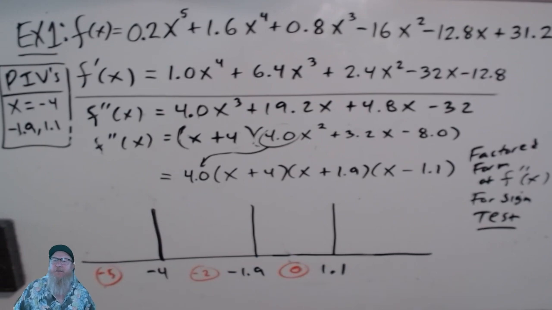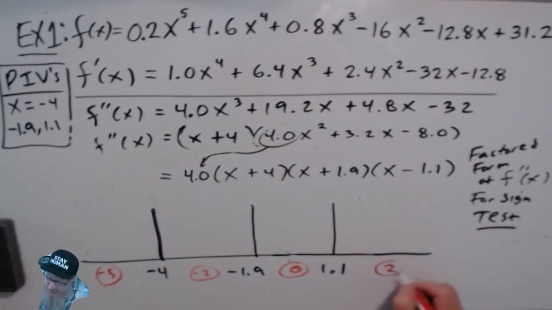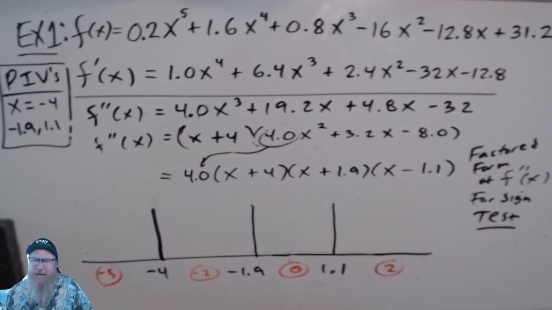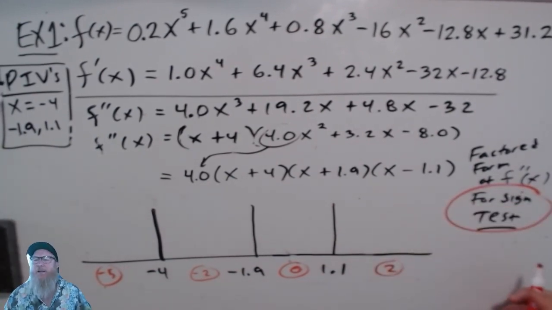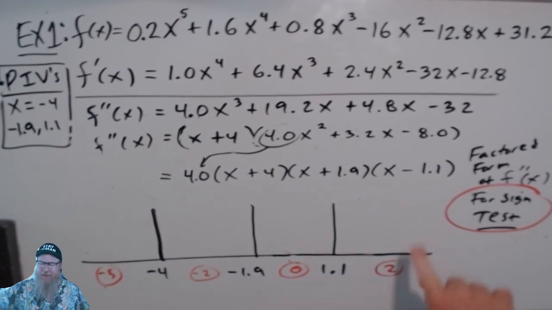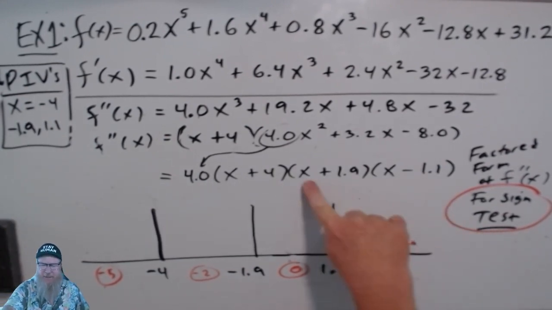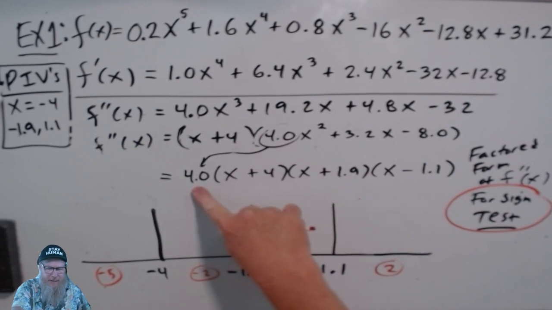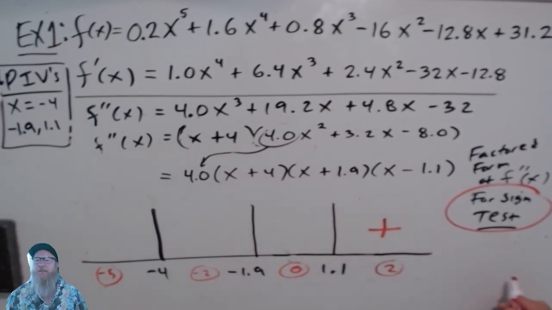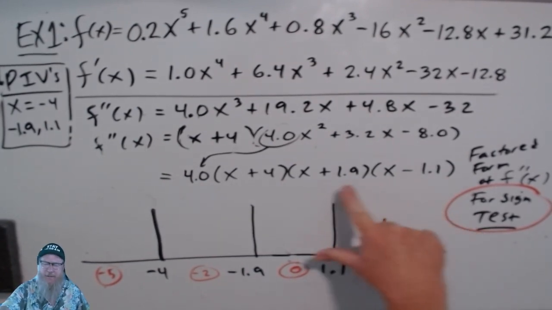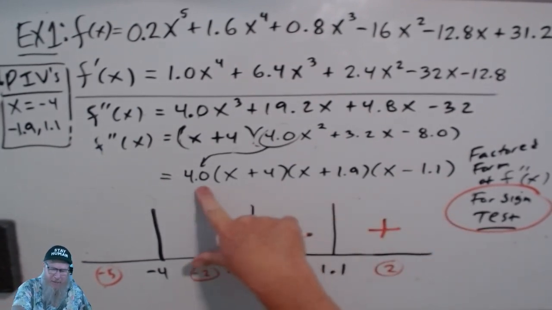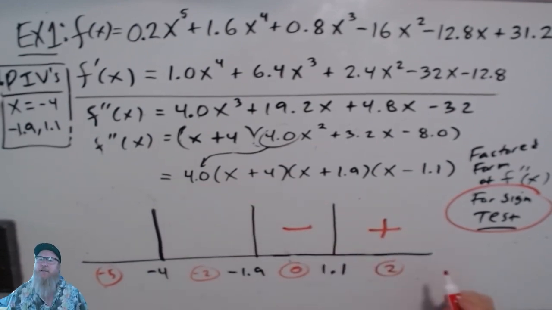I always love 0. Then something over here like 2. And don't really spend a lot of time with the calculation, right? This is a sign test. All you care about is plus or minus. So plug in 2. That's going to be plus, plus, plus, plus. Everybody will be plus. Plug in 0. This will be minus, plus, plus, plus. So that'll be minus.